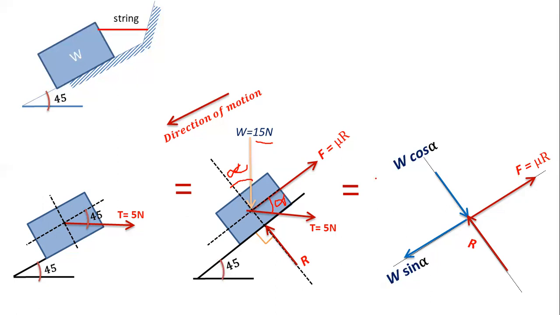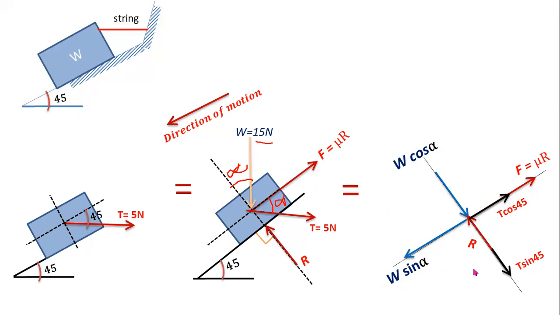So you have to consider T cos alpha along the parallel axis, T sin alpha along the normal axis. These two are the components for tension. So this is the final free body diagram for this problem.